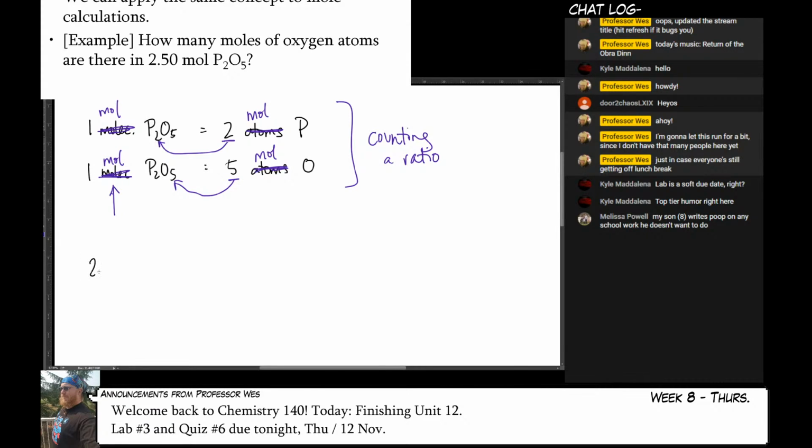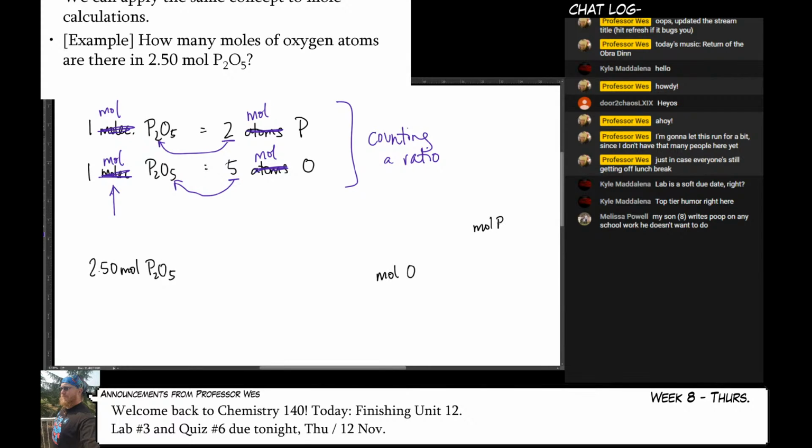So I have this as my quantity, and I want to figure out how many moles of oxygen are in that.